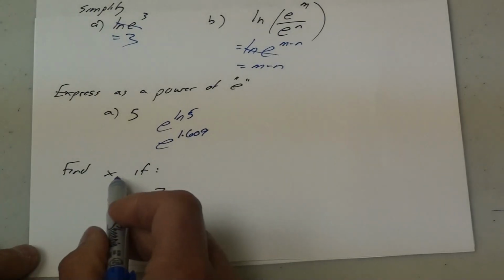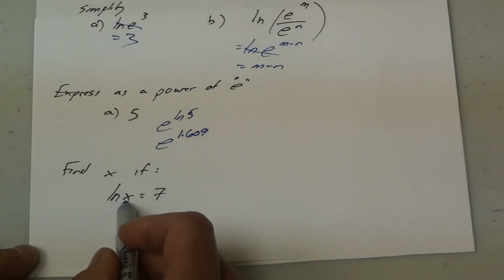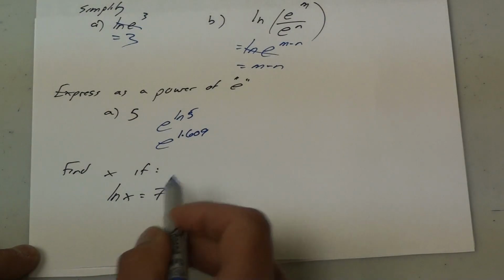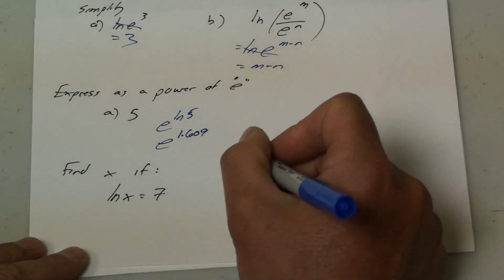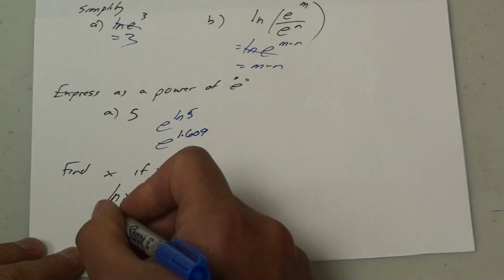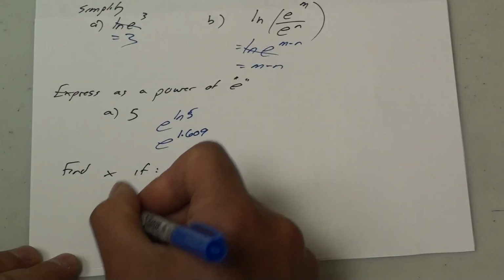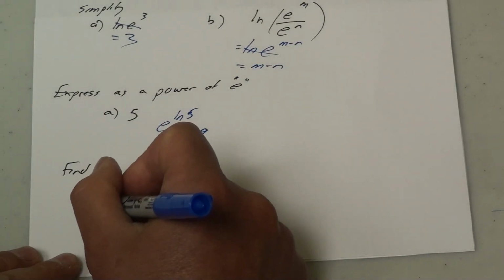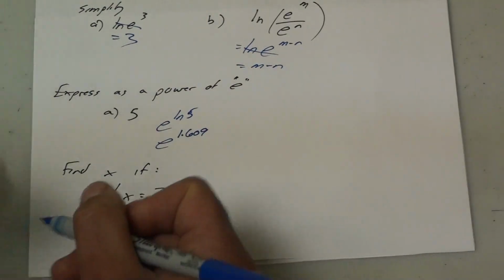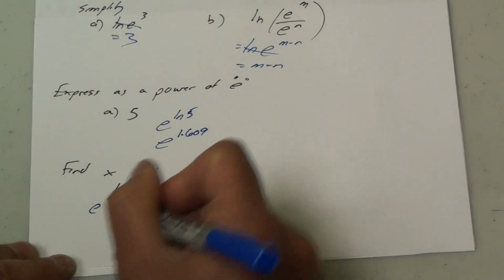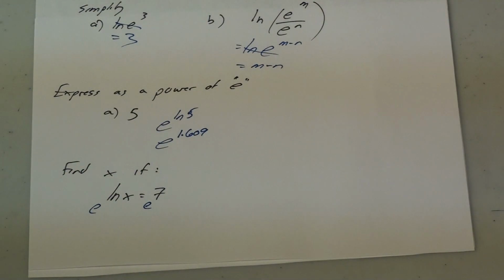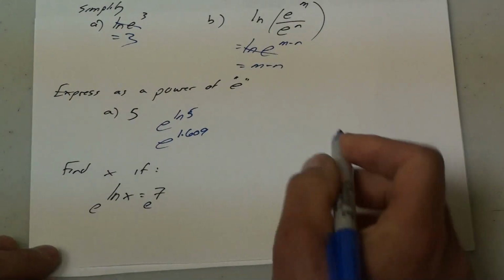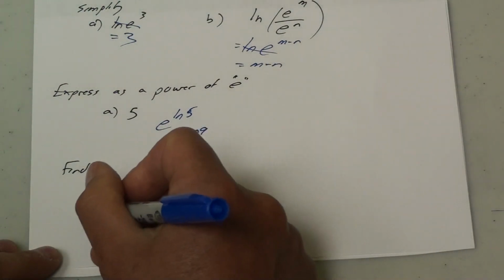Okay, so find x if the natural log of x equals 7. What I can do here is put the e on either side of this equation. Whatever you do to one side, you can do to both sides. So if I put an e on either side, the natural log and e cancel each other out.